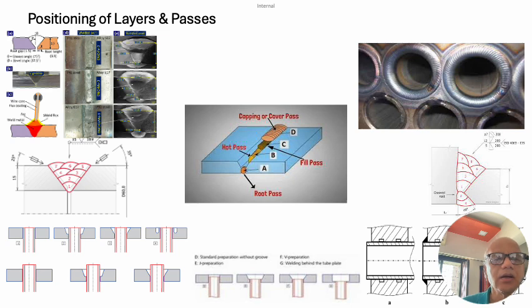Like in the earlier slide we saw that there is a dilution which is coming, similarly a dilution happens between the layers and between the passes also. So every pass may have a different chemistry, every layer may have a different chemistry based on how much dilution we are permitting.